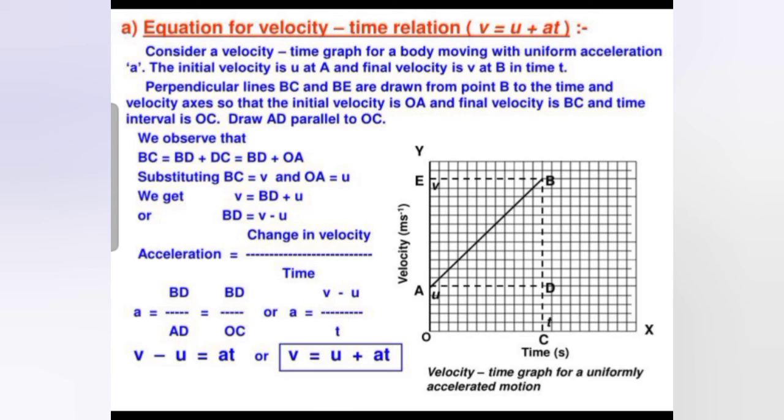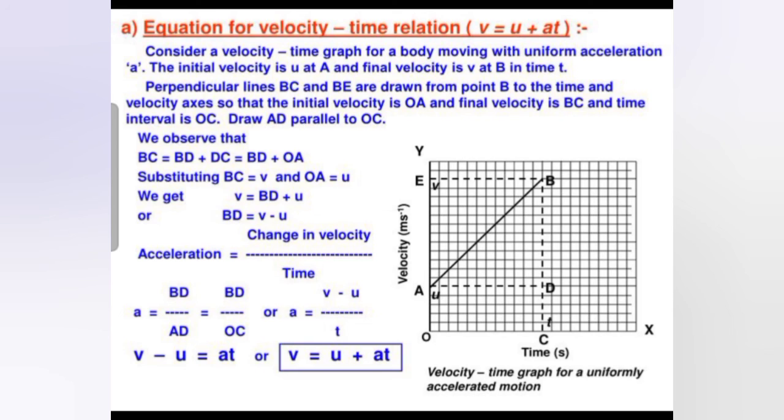Now if we talk about the acceleration, we know that acceleration is change in velocity divided by time. The change in velocity is BD, that is v minus u. So a is equal to BD upon time, which is AD, or we can write OC. Since BD is v minus u, a is equal to (v − u)/t.